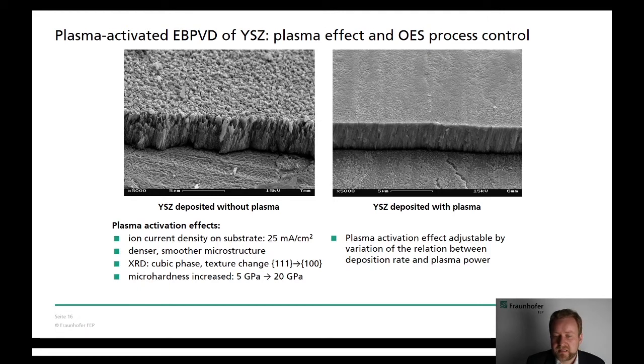On the right side, we see the effect of the plasma. It's really a smooth coating. We have reduced the porosity remarkably, and we have a very dense coating here. The micro hardness has been increased from 5 to 20 gigapascals. The ion current density was 25 microamps per square centimeter.